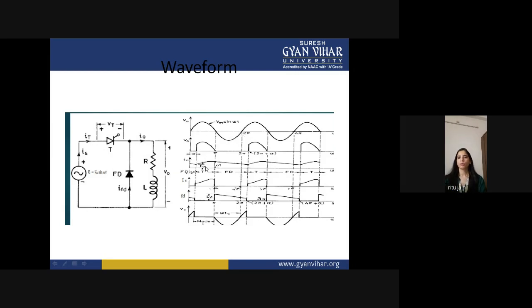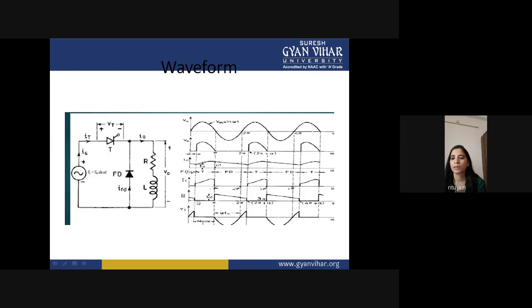So first we will discuss the positive half cycle. From alpha to pi, you are getting output voltage and the thyristor is conducting. That's why you are getting output current. This is your output current waveform. This is your input current, the supply current you can say.